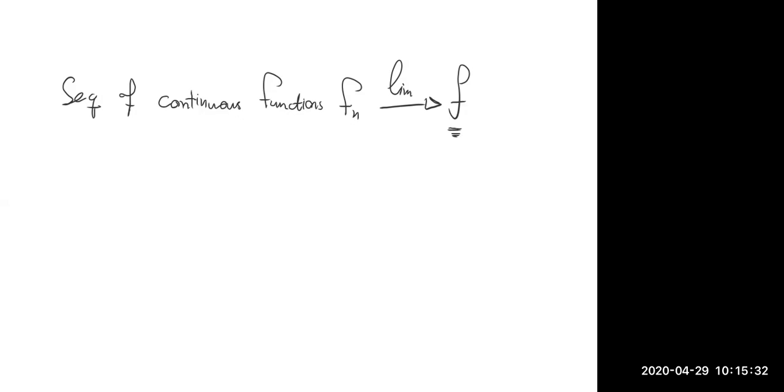That is possible, and that's something we usually don't like. We prefer a notion of convergence where the limit of a sequence of continuous functions would also be continuous. That can be a motivation to define uniform convergence.